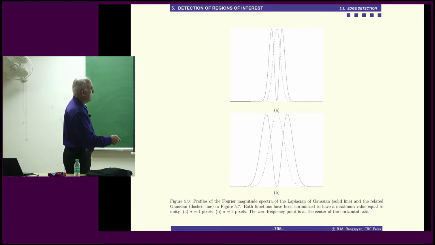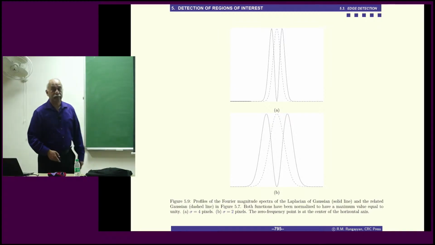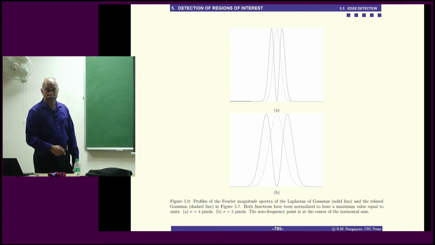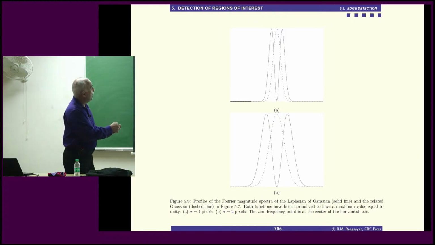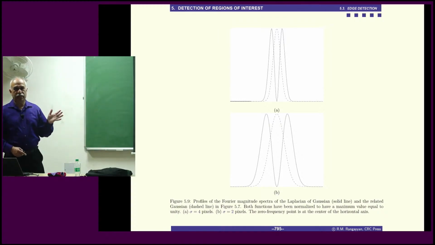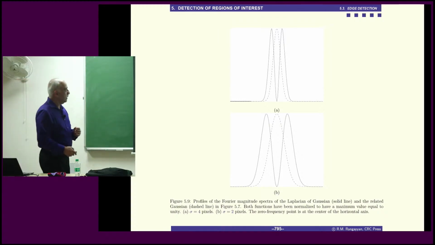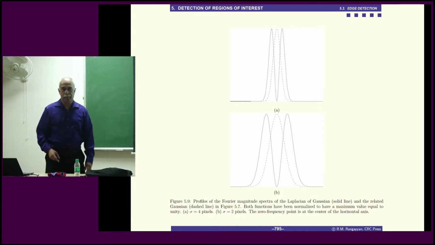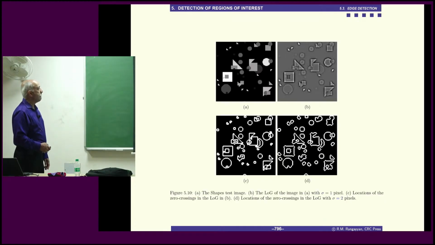It's passing more high frequency, broader pass band. This has a narrower pass band. Both are band pass filters. A Gaussian only will have that dashed line as the response, which is also a Gaussian. Low pass filter. So the Gaussian is low pass. The Laplacian of Gaussian is band pass.